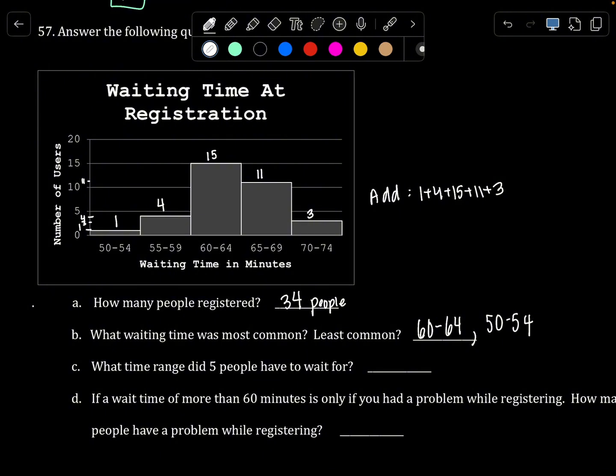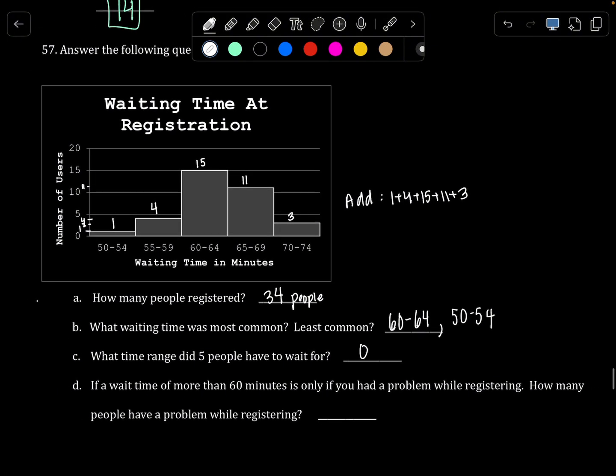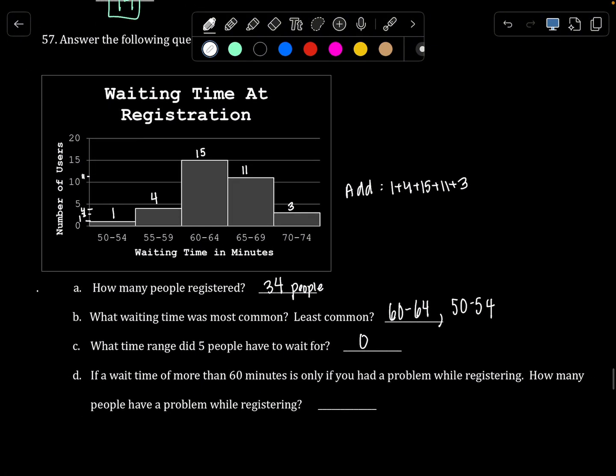What time range did 5 people have to wait? 0. What if a wait time of more than 60 minutes is only if you had a problem while registering? How many people have a problem while registering? What do you guys think?